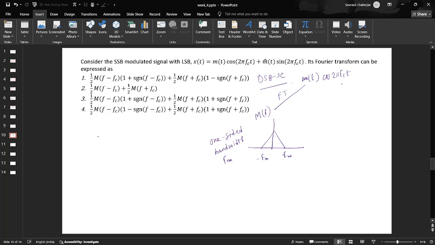Now basically we are multiplying with cos 2 pi fc t. We have seen that multiplying with cos 2 pi fc t in time domain, a complex sinusoid, basically translates into shifting in frequency domain. And what kind of shift?